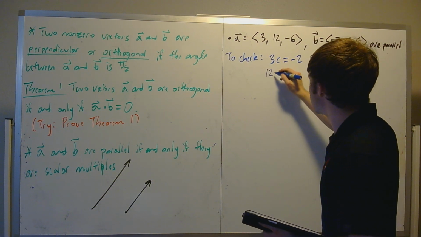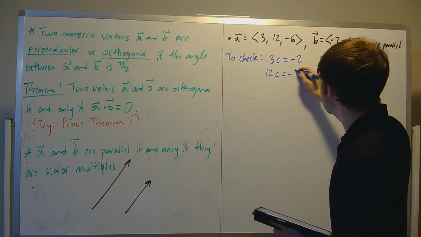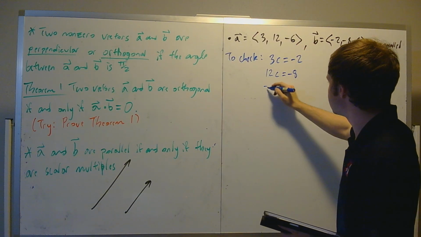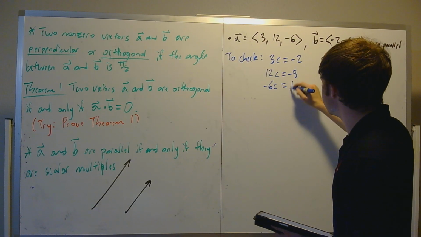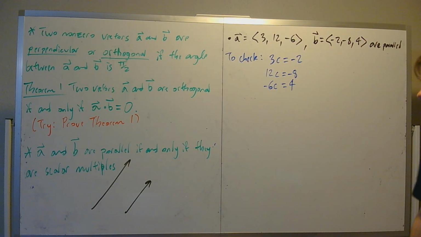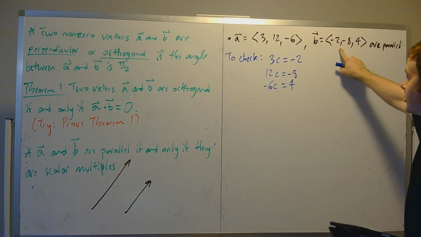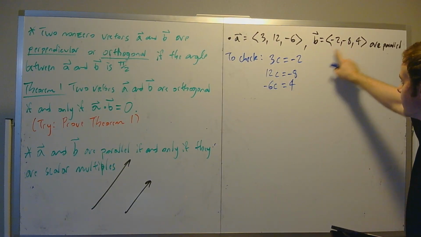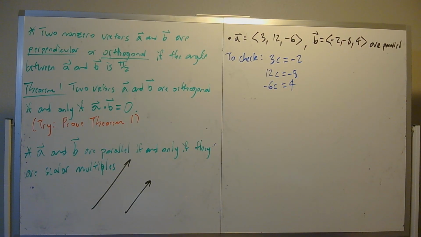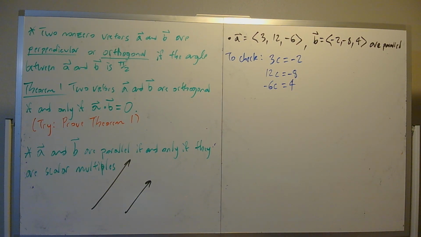Same thing, 12 times whatever we're scaling it by should be the y component of the second vector, and negative 6 times whatever we're scaling this by should be equal to 4. So if they are indeed parallel, then we're multiplying this vector by a constant c to get that vector, meaning 3 times c is negative 2, 12 times c is negative 8, negative 6 times c is 4. If they are parallel, then this is true. So we just need to solve each equation to figure out what c is equal to.